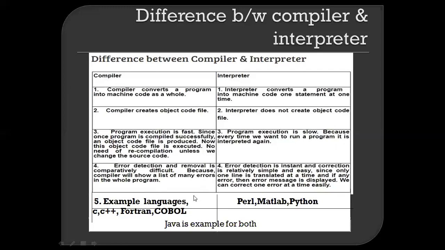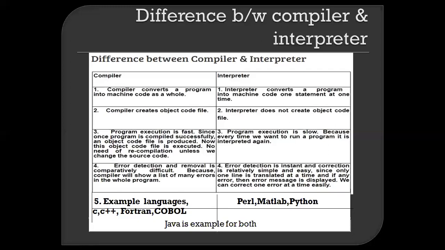Example languages for a compiler are C, C++, Pascal, Fortran. For an interpreter, they are Perl, MATLAB, Python. In earlier years, the first compiler was designed in Fortran.